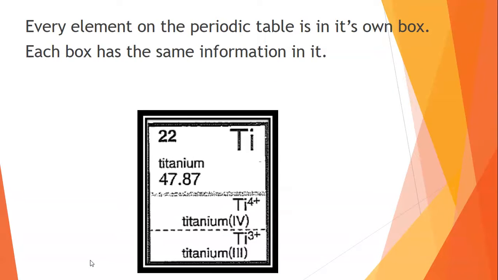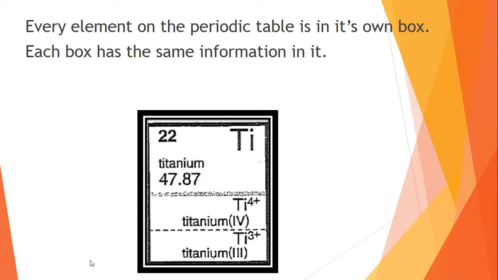Now, when we look at the periodic table and we take a look at an individual box on the periodic table, there's quite a bit of information in that box, and we're going to be using a lot of it in Chemistry 10. Okay, so you guys need to get familiar with understanding what information is contained within these boxes for each element.